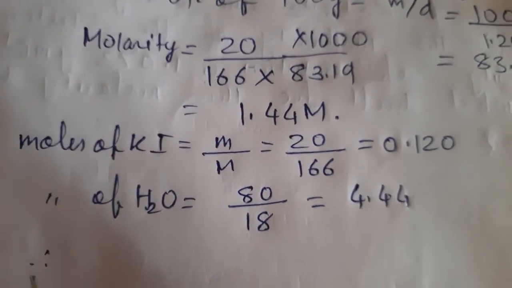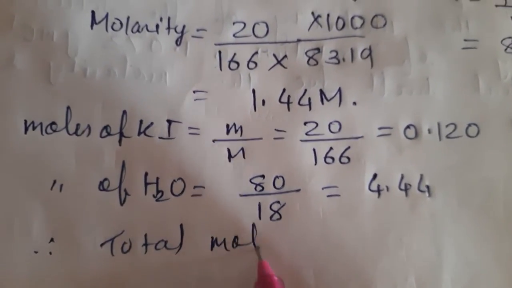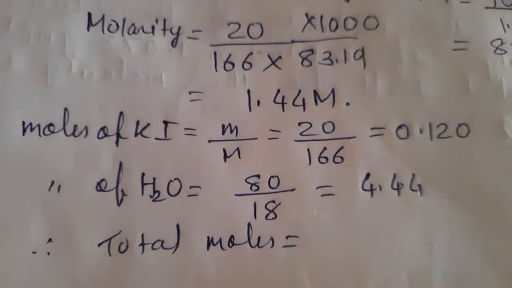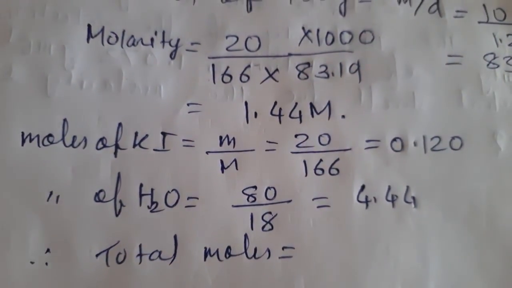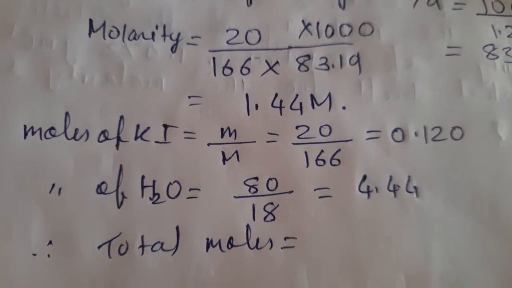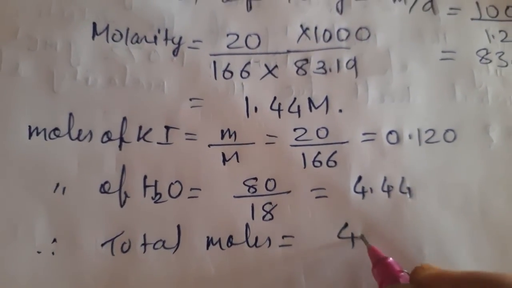Therefore, total moles is equal to 4.44 plus 0.120, 4.56.